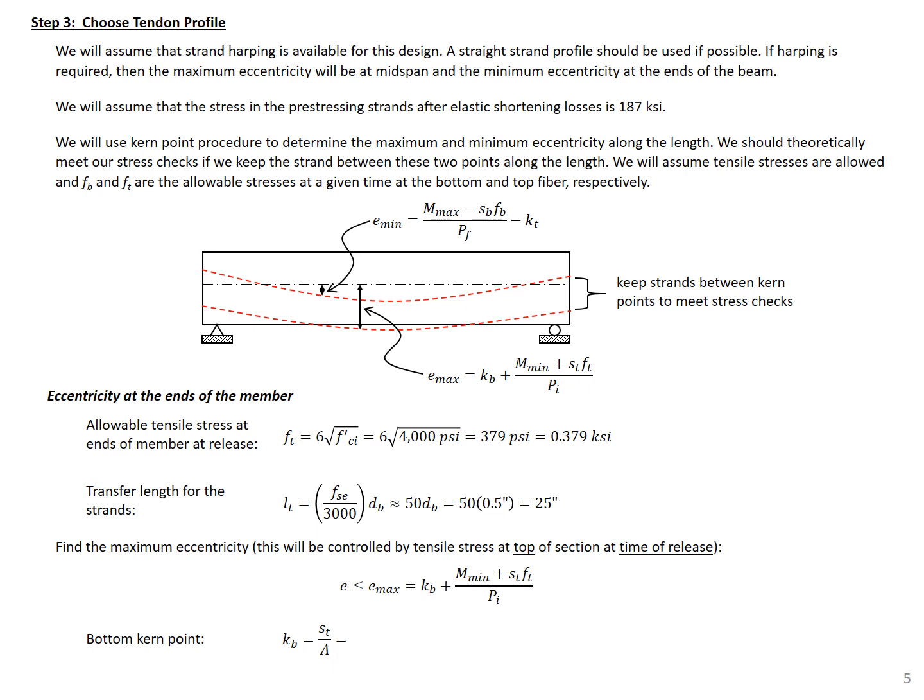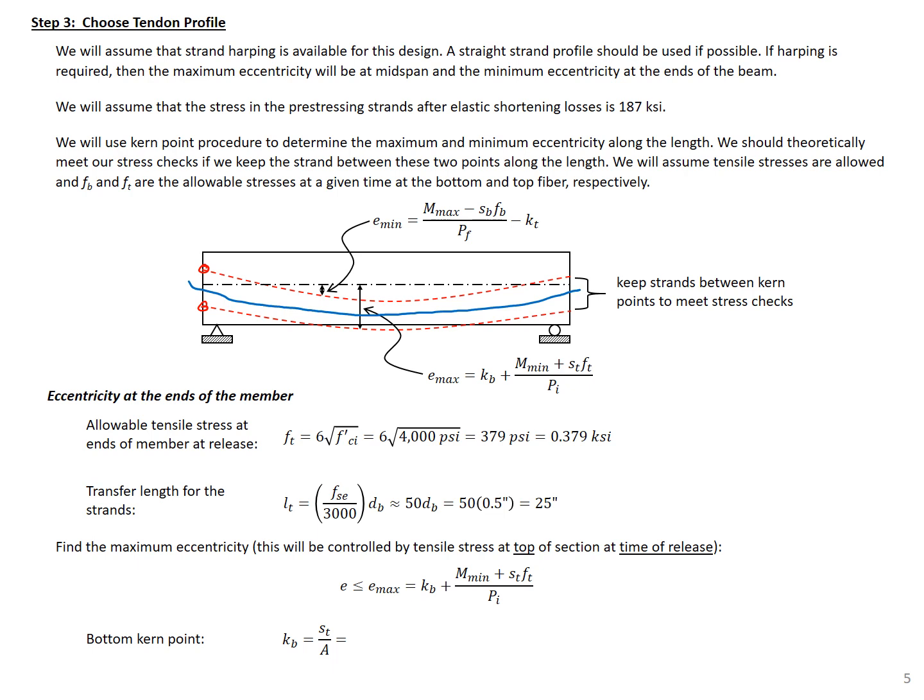What we'll do in this current point analysis is figure out a minimum and a maximum eccentricity, essentially a range of eccentricities, where if we get the centroid of our prestressing strands in this range, we'll theoretically meet our stress checks.